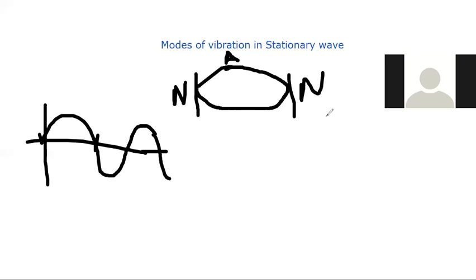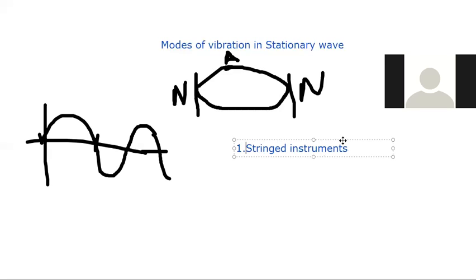Now, stationary waves occur in stringed instruments. I'm just looking at some instruments in which stationary waves occur.